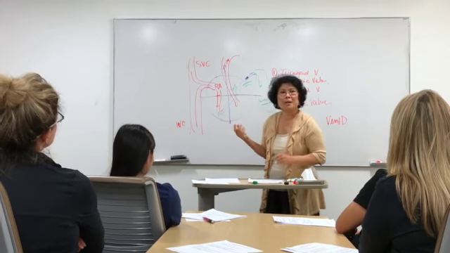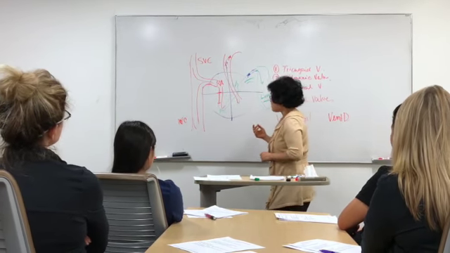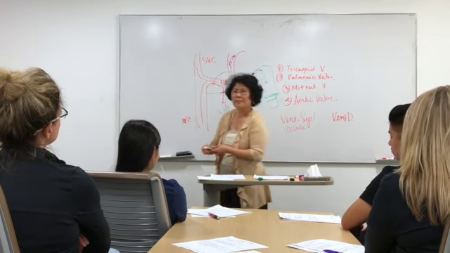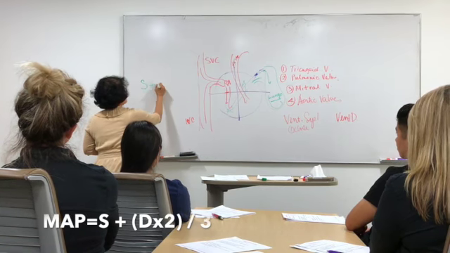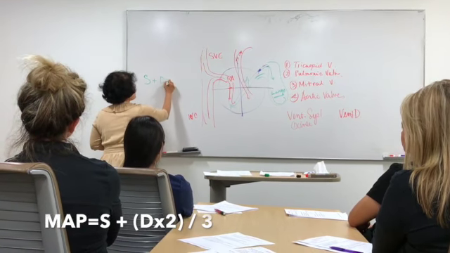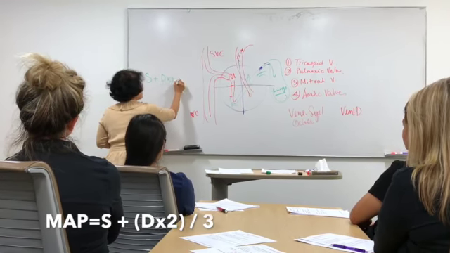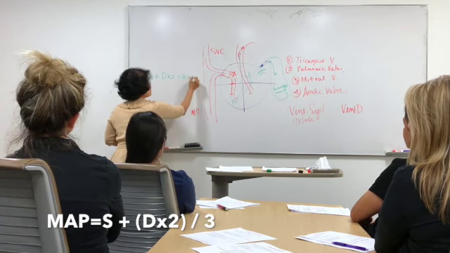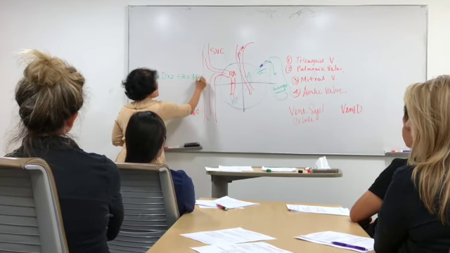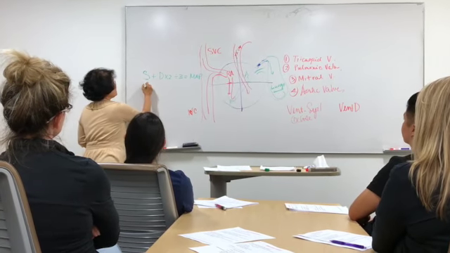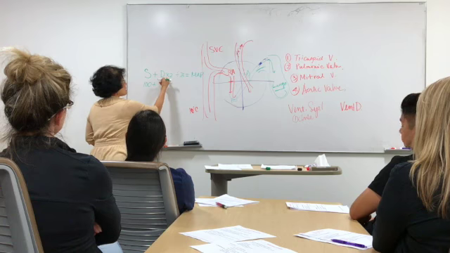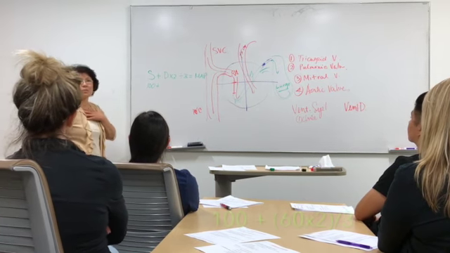And what is the formula for the MAP? Systolic plus diastolic times 2, divided by 3. Let's take an example. We have a systolic of 100, and let's say the diastolic is 60.